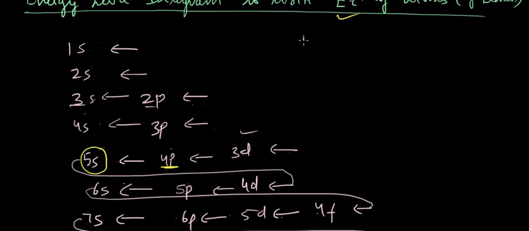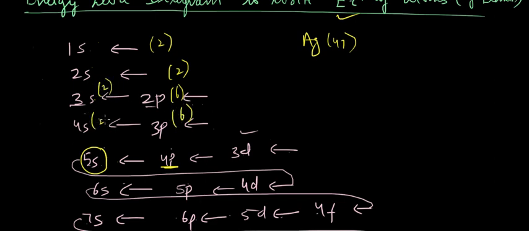So in case of Ag, I'll again explain. 2 electrons are filled here, 2 here, 6 here, 2 here, then 6 here, 2 here. How many electrons till now? 4, 6, 6, 18, 18 plus 2, 20 electrons are filled, 27 are remaining.